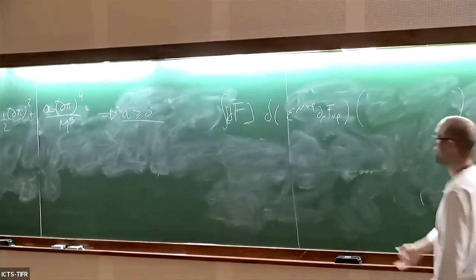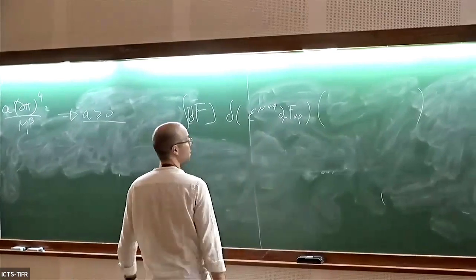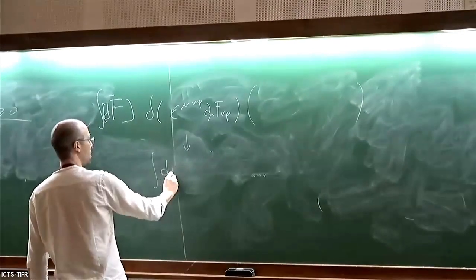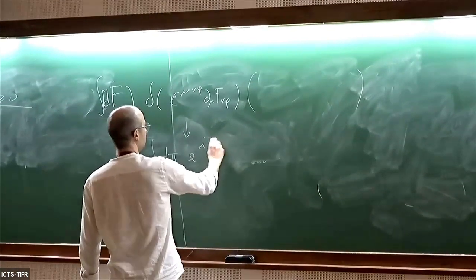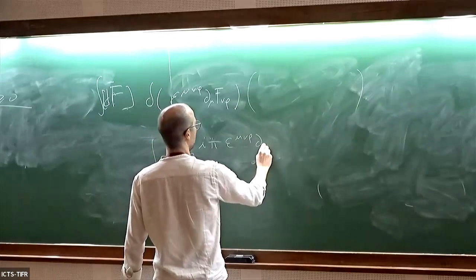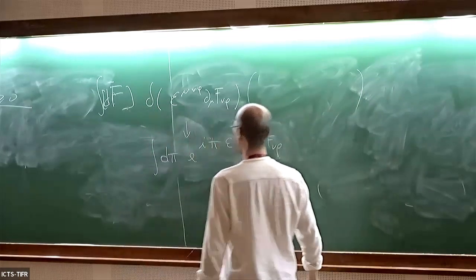But now you Fourier transform the delta function. So this one is going to be an integral over dπ of e^{iπ ε^{μνρ} ∂_μ F_{νρ}}.